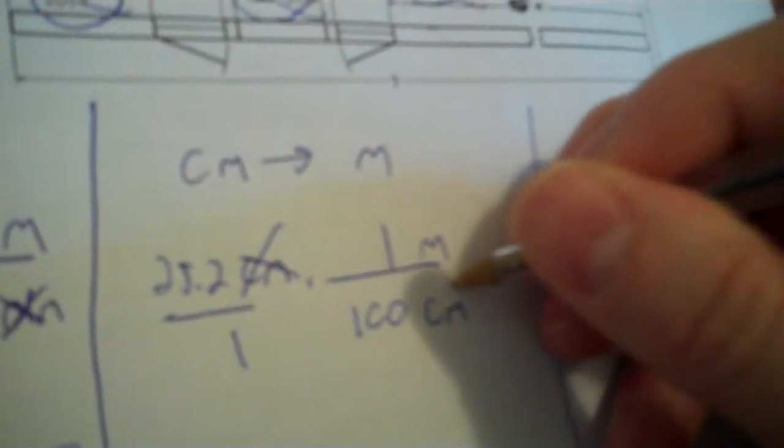So 100 centimeters is 1 meter. 100 with centimeters, 1 with meters. 25.2 times 1 is 25.2. 1 times 100 is 100. Then we'll divide 25.2 by 100, 0.252 meters.